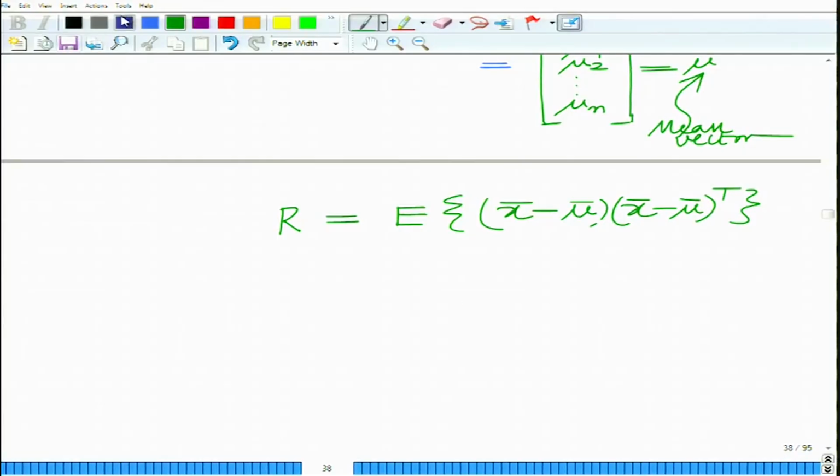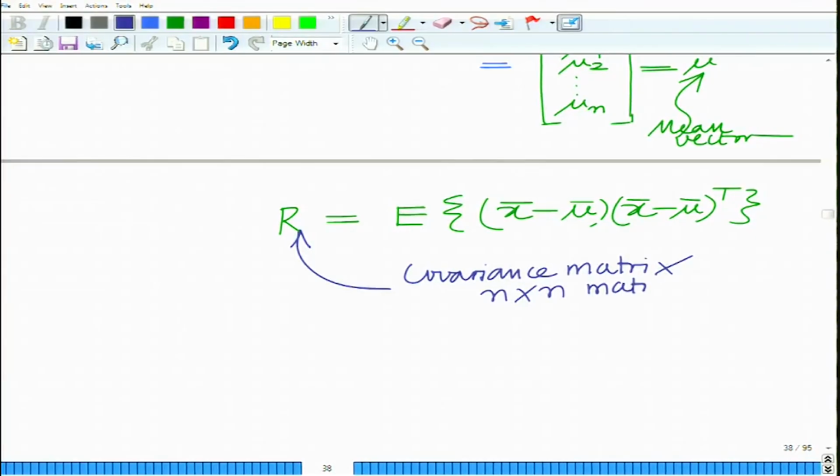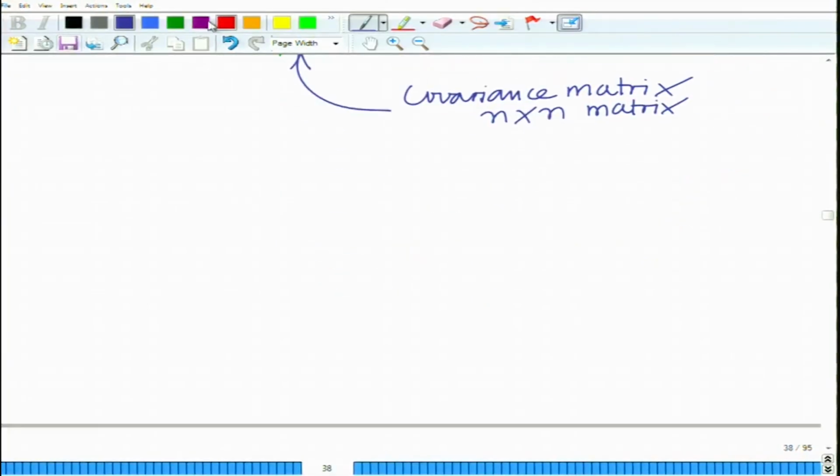This is termed as the covariance matrix, and this is an n cross n matrix.